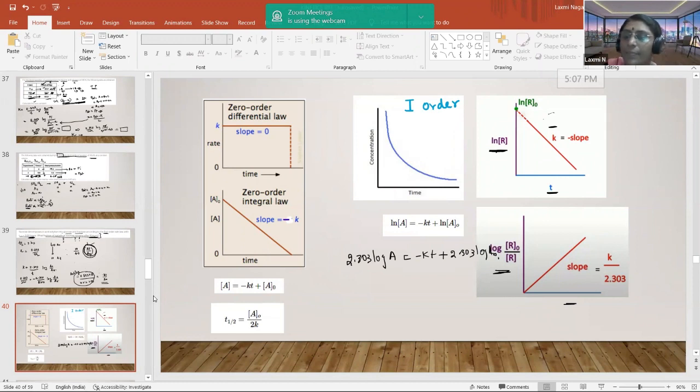Yes. So you can either write it as t is equal to 1 by k ln a naught by a t, or you can put it as t is equal to 2.303 by k log of a naught by a t. So the difference between ln and log is the 2.303.